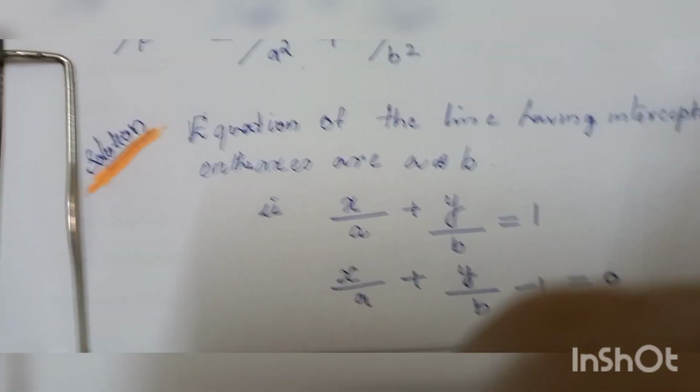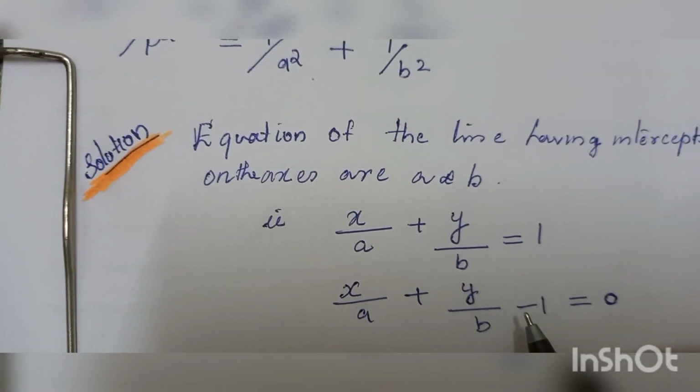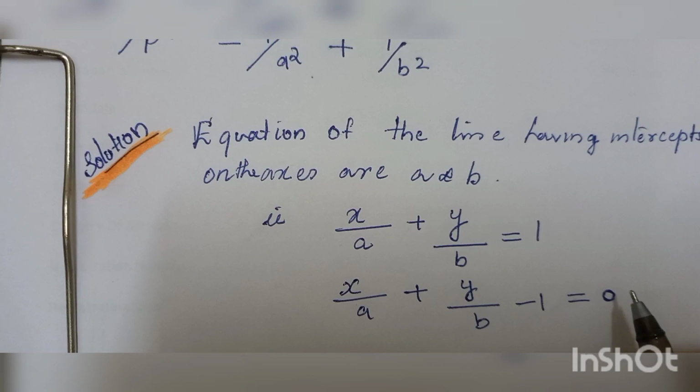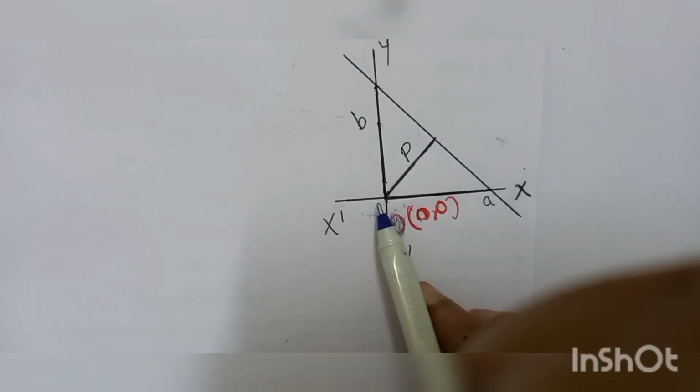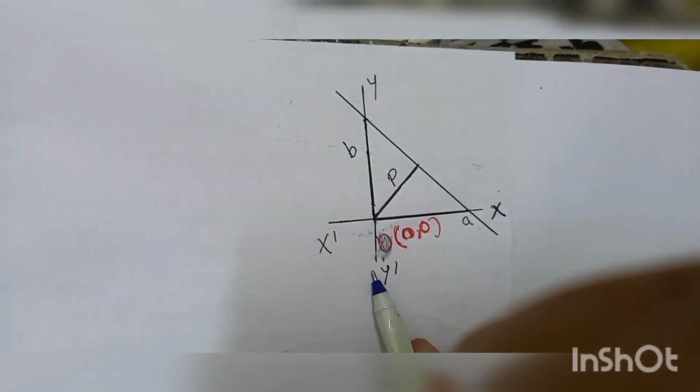x by A plus y by B minus 1 is equal to 0. Look at this picture. This is x-axis and this is y-axis.